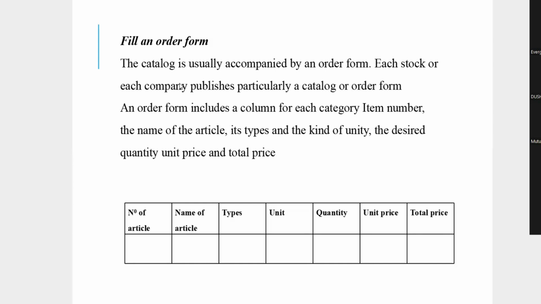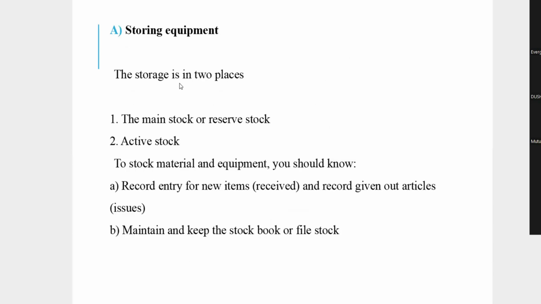Sometimes we use the name of the article, we put the designation, or can also put the name of the item, the types, the unit, how many, that is the quantity, and the price of a single unit, or the price of one item. Then we put the total prices, and you make a summation of all the items.